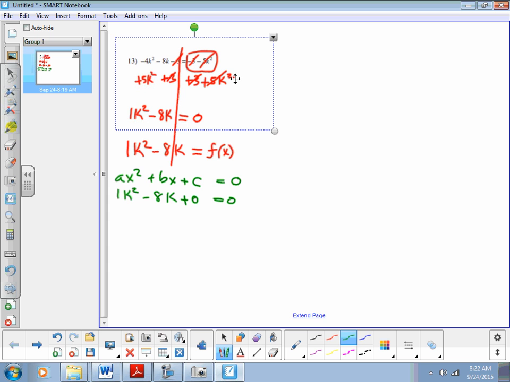Okay, let's find A, B, and C. A is 1k squared. Not 1k squared. A is just the coefficient of that variable squared. What's B? Okay, let's see. Was that where you might have made a mistake?